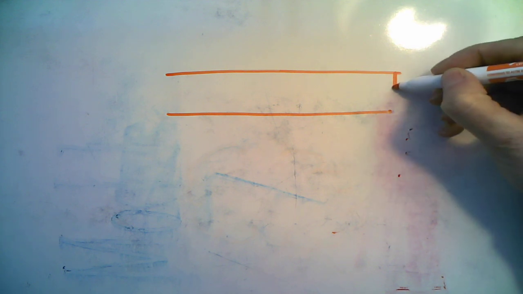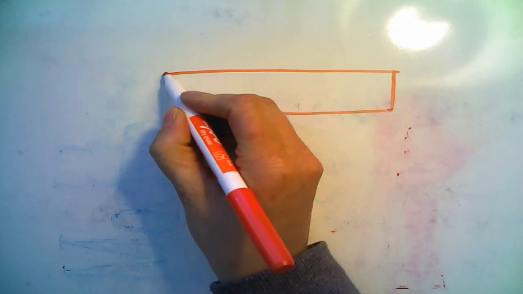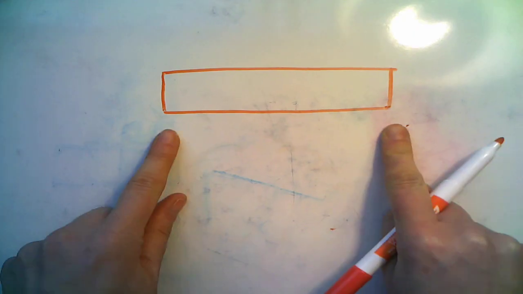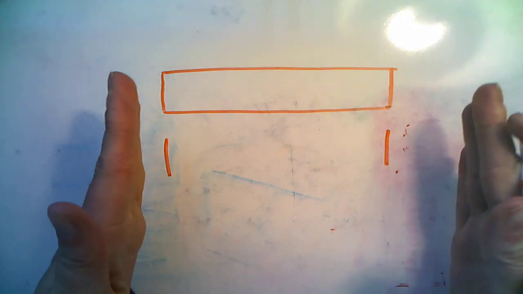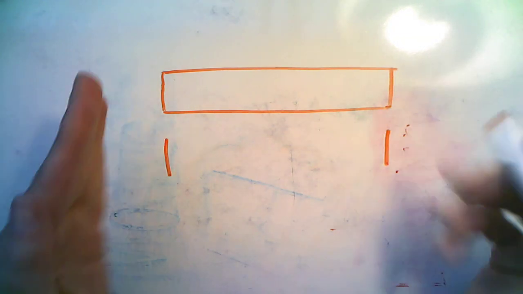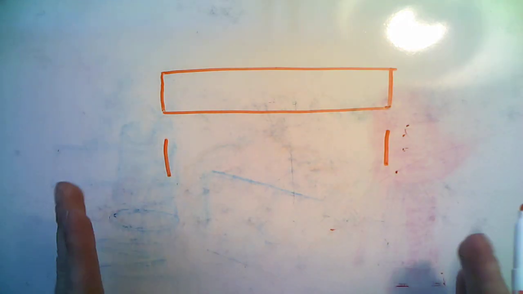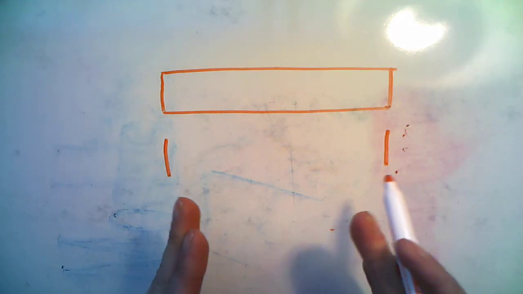If I do this, these 2 lines are parallel, right? They're just going the opposite direction. They're still parallel. So lines that will never cross, lines that if I make this go on forever, and I make this line go on forever, they will never cross, okay?